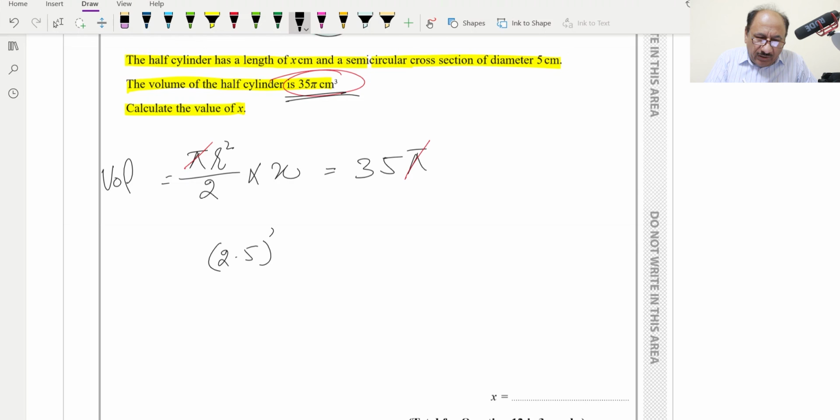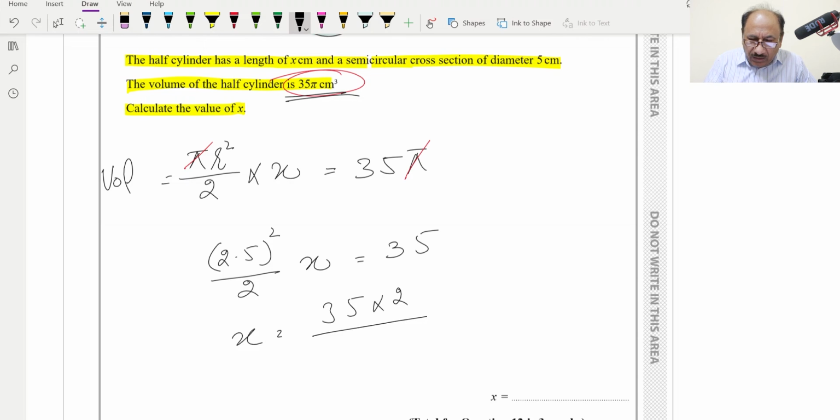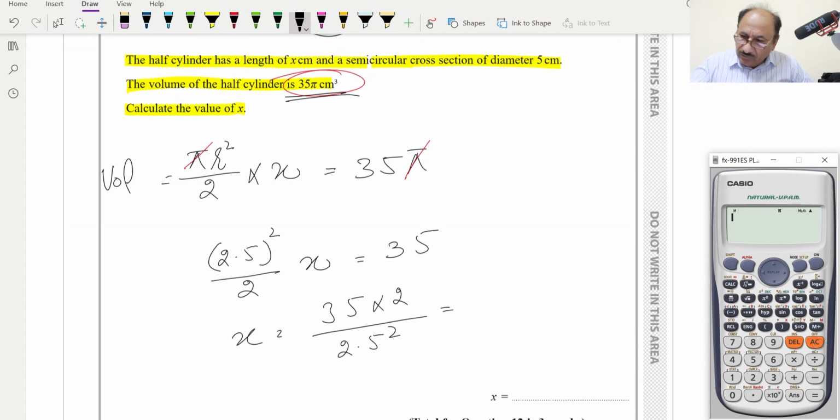So 2.5 squared divided by 2 into x will be equal to 35. Now cross multiply or shift this one to the other side, so x will be equal to 35 multiplied by 2 and divided by 2.5 squared, and rest of the things we can do with the calculator.